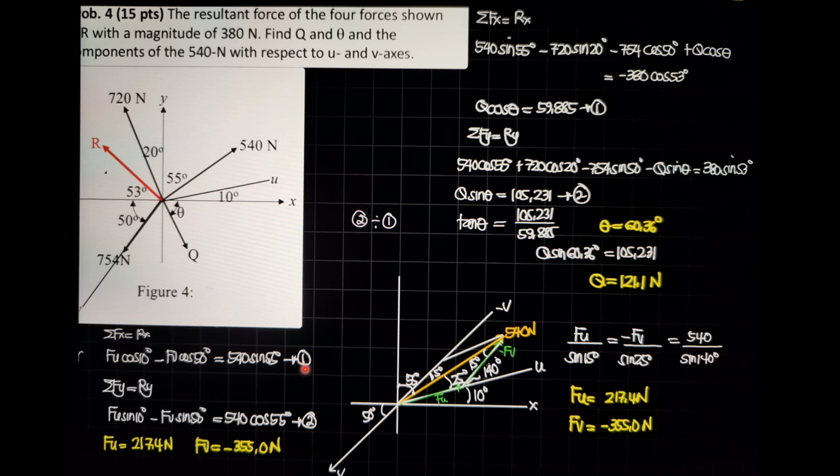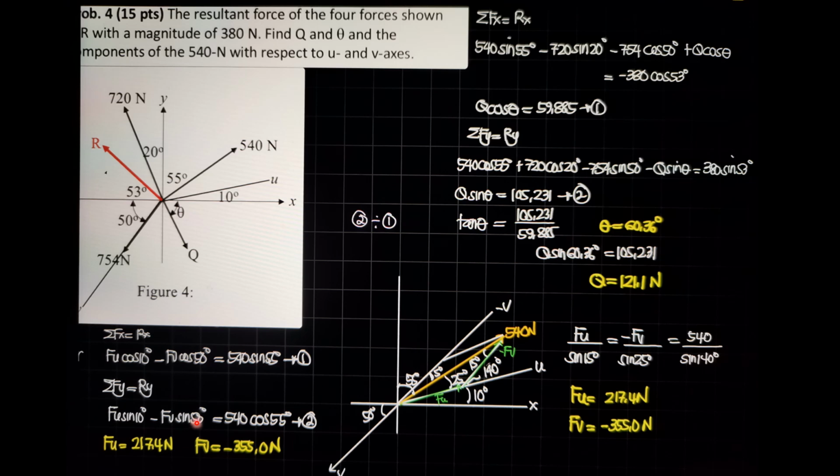Then summation forces Y equals Ry. The Y component of FU is positive, it is upward, so FU sine of 10 degrees. The y component of FV, which is in this direction, is negative, going down. So minus FV sine of 50 degrees.